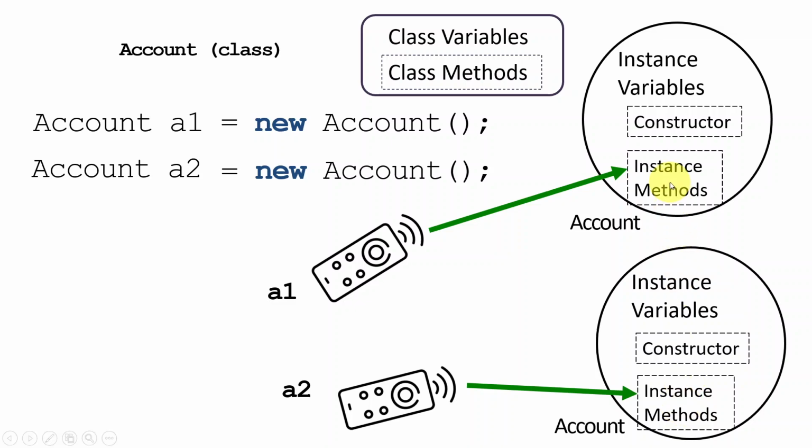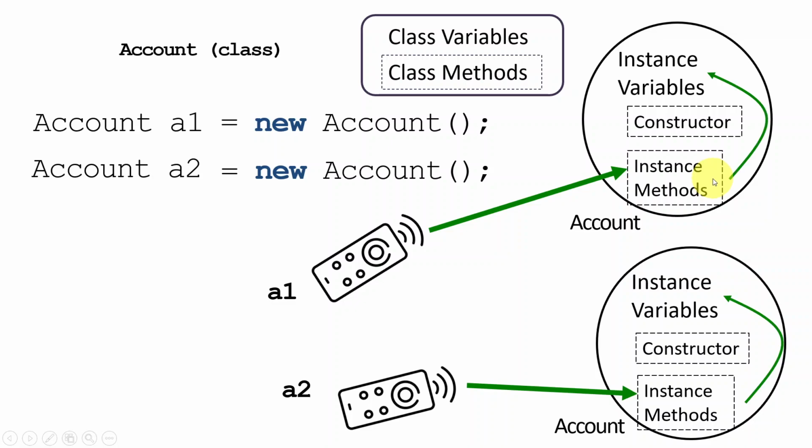Since the logic may depend on the instance variables, for example, in this instance method, it may go to the if condition, whereas in this instance method, it may go to the else part, depending on the value. Other than that, the instance methods are the same, unlike instance variables, where you have separate values.